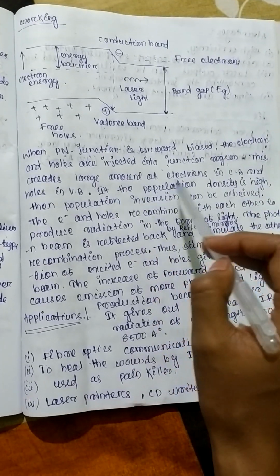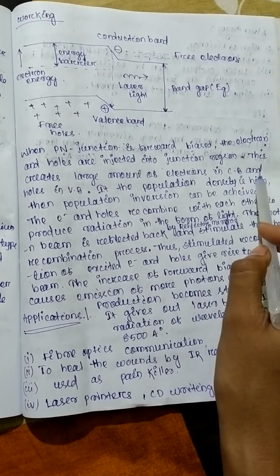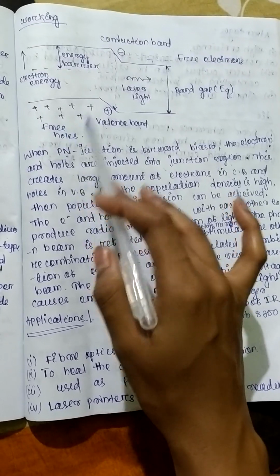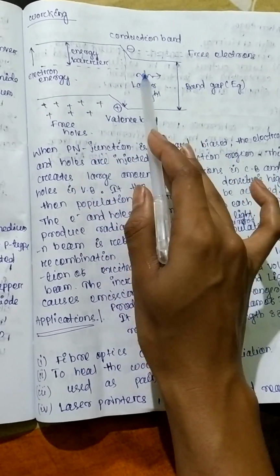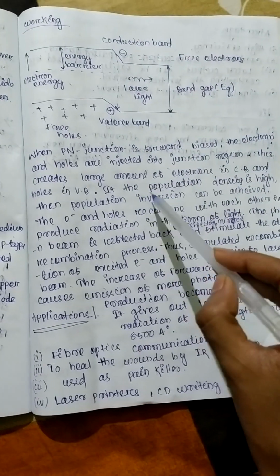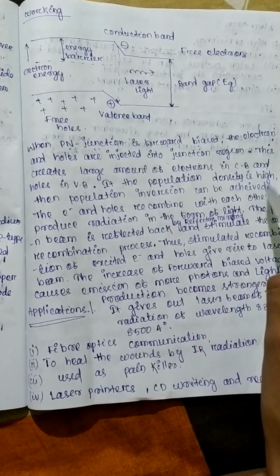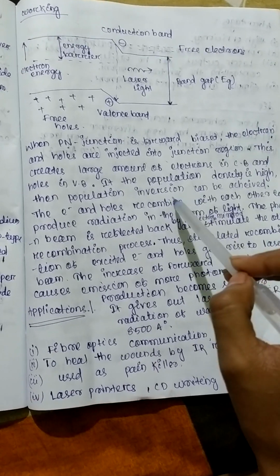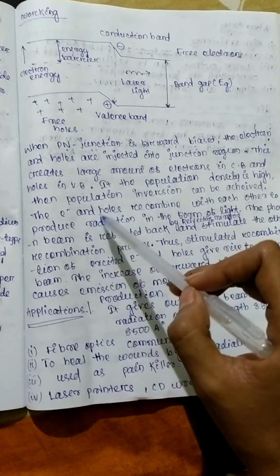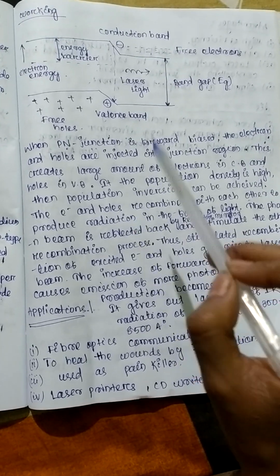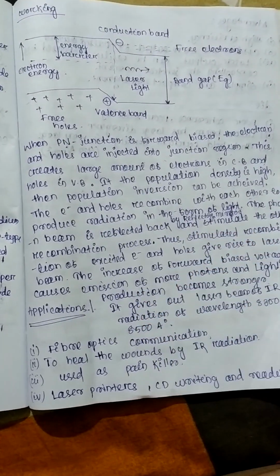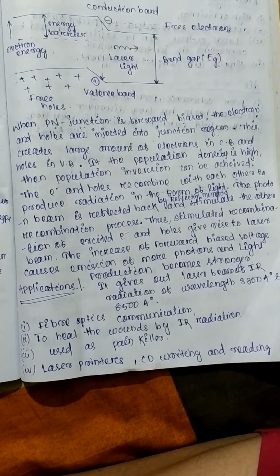This creates a large amount of electrons in the conduction band and holes in the valence band, as shown in the figure, because here we have already applied the voltage. And if the population density is high, population inversion can be achieved. The electrons and holes recombine with each other at the junction to produce radiation in the form of light.